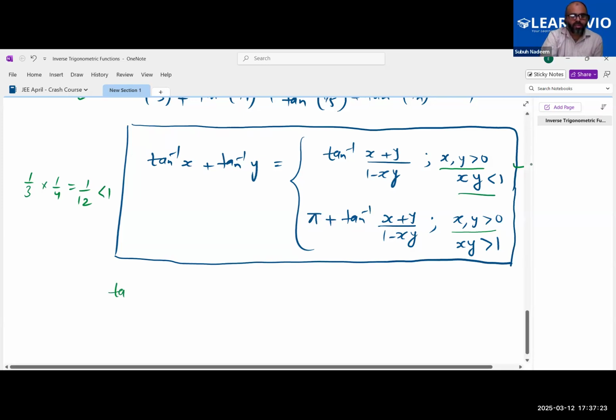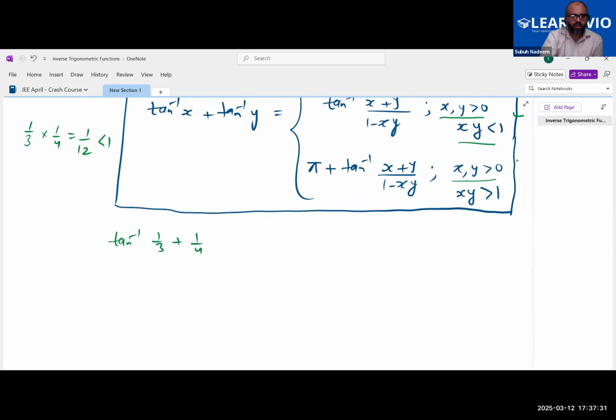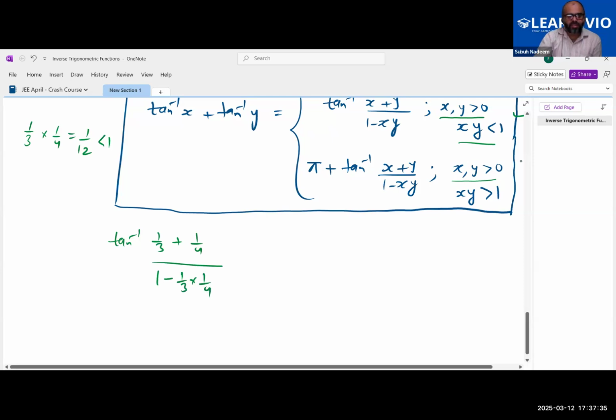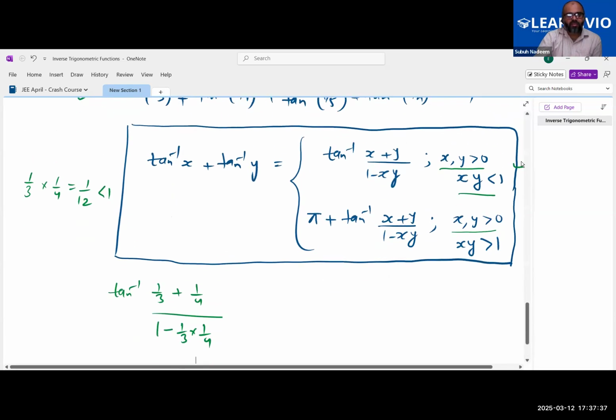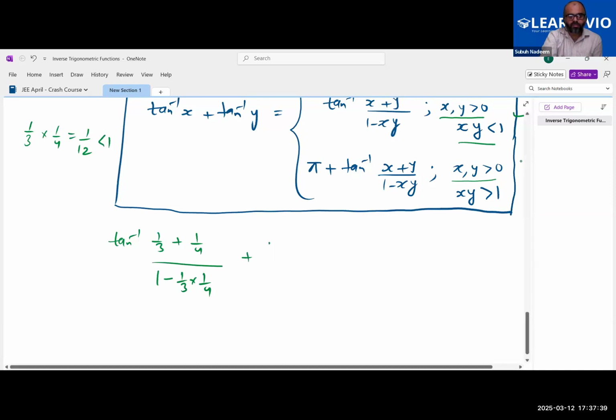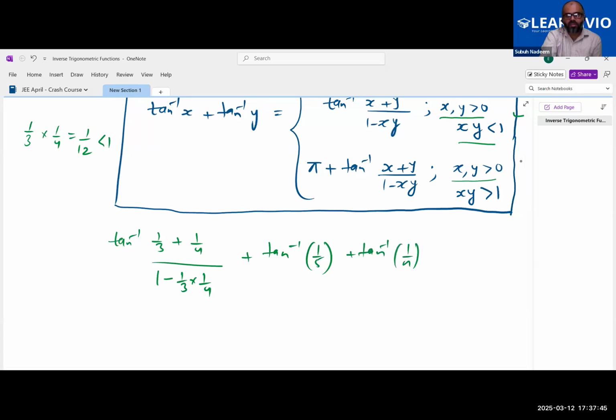So tan inverse of (1 by 3 plus 1 by 4) upon (1 minus 1 by 3 into 1 by 4), we can write it like this. And then plus tan inverse 1 by 5, and then plus tan inverse 1 by n, and this is equal to pi by 4.